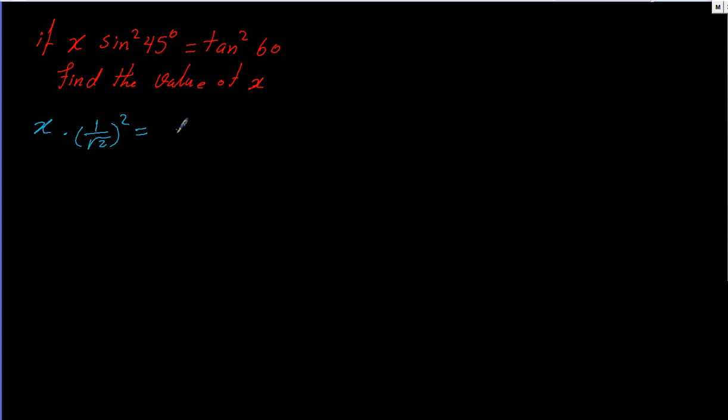Tan 60 equals root 3, so it's root 3 squared. So x multiplied by 1 over 2 equals root 3 squared, which equals 3. Multiply here by 2 and here by 2, the multiplicative inverse of half. The remainder is x, so x equals 3 multiplied by 2 equals 6.